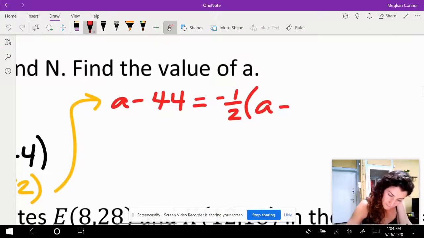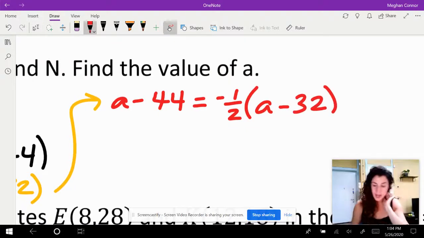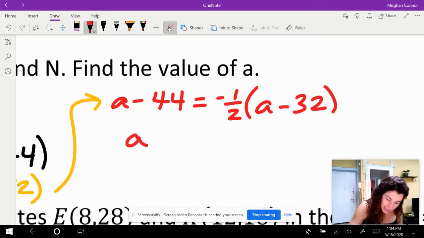Yeah. And then solve for a. Do it algebraically or use your calculator. Just for expediency's sake, I'm going to do my numerical solve. x minus 44 equals negative 0.5 times x minus 32. And we get that a is equal to 40.